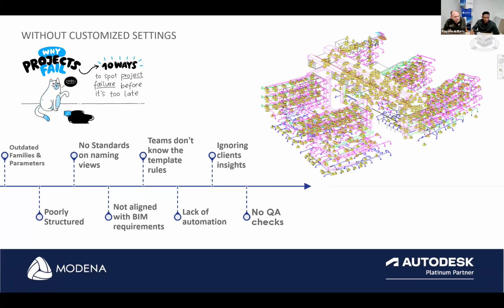So this is why most projects would fail, I think, because now, as you can see on the slide, you've got warning issues, Revit is complaining, and when Revit is complaining, then it's a problem and an issue for you to even go forward, right?